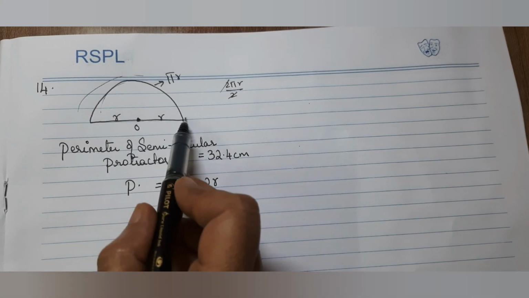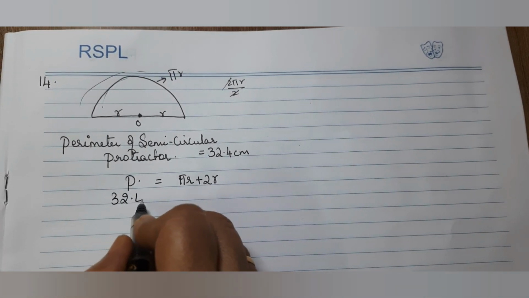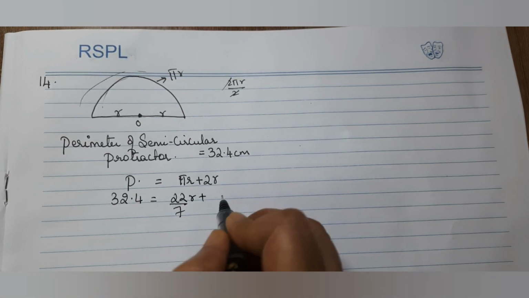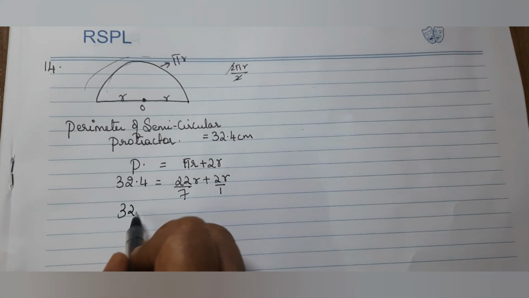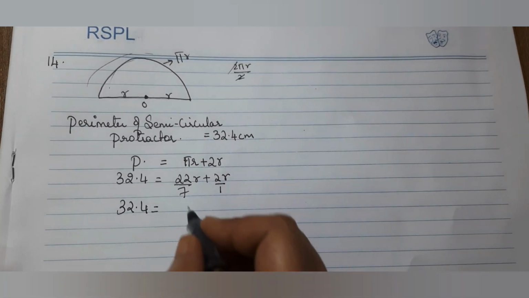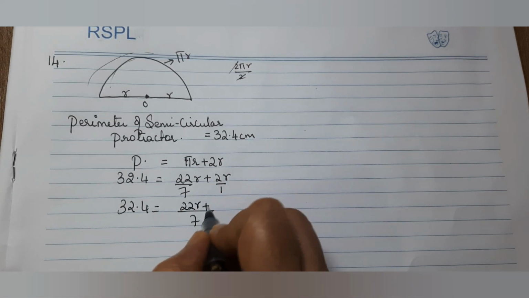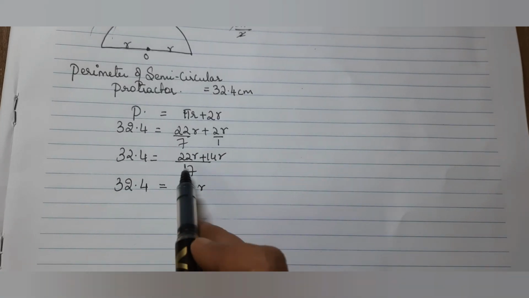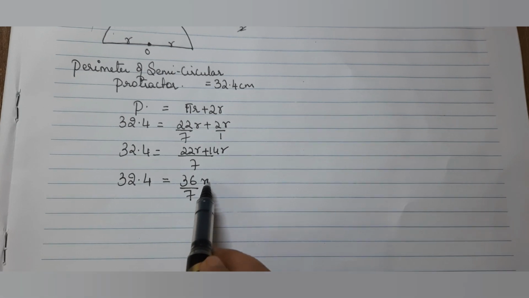So even take this r also, the diameter. The perimeter given here is 32.4, so 22/7 r plus 2r by 1. Take the LCM over here: 32.4 equals, taking the LCM, 22r plus 14r. So after taking the LCM, 32.4 equals 36r by 7.